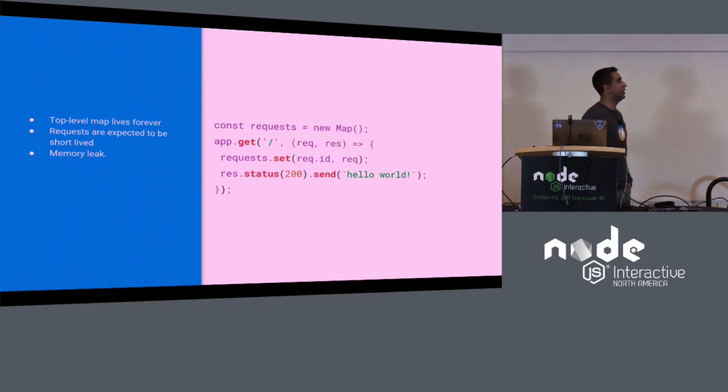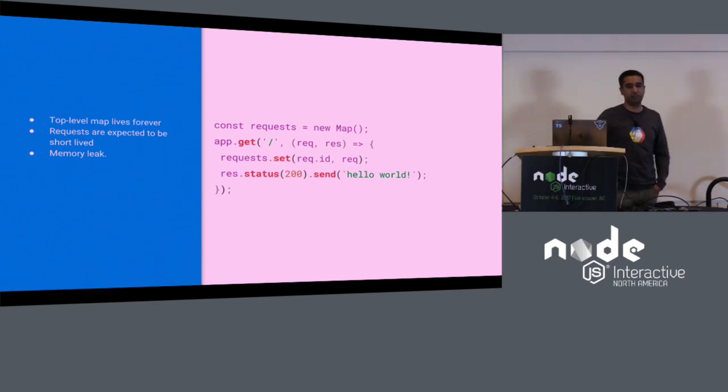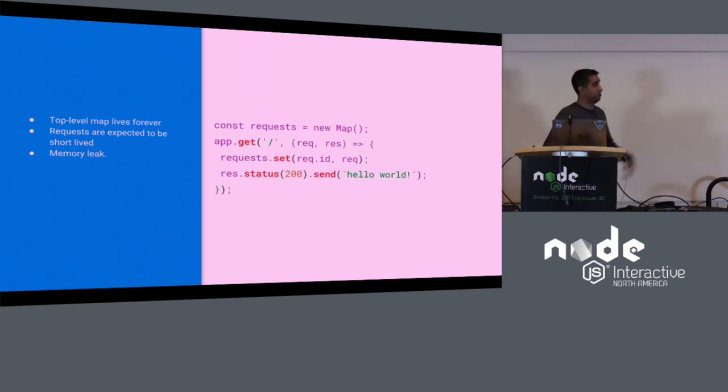So this will quickly run out of memory. On my laptop, I can handle probably 15,000 requests per second in a simple Express server, so 15,000 requests will be leaked every second. This will run out of memory really fast, which is good, because then you'll know right away that something is wrong.